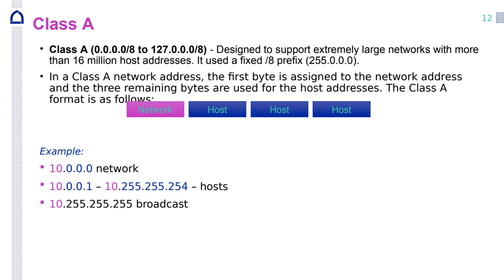The range is from .1 to .254. Why don't I have 255 as a host? Because 255 is the broadcast. So for each one, you have to know the broadcast address and the host range. You have to remember that.